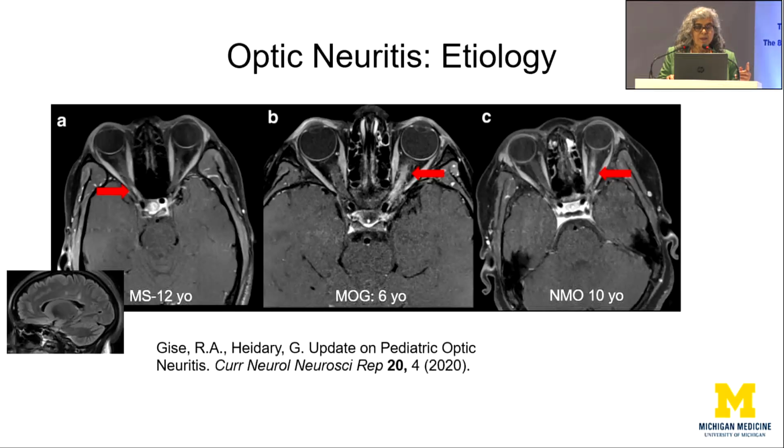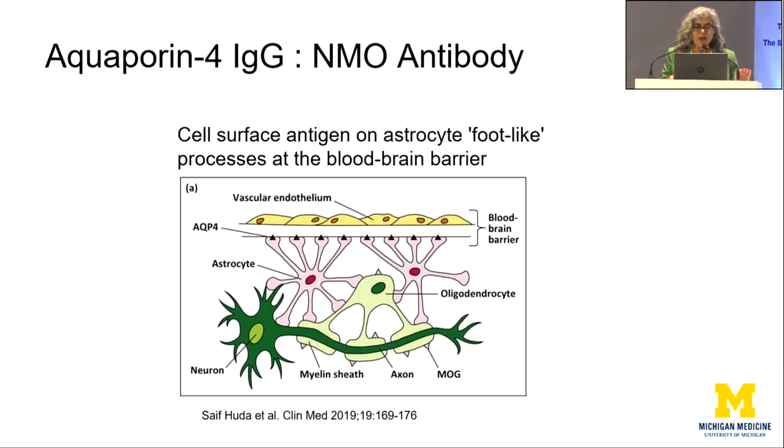You can compare the right and left optic nerves, and you'll see a short segment that is bright on this post-contrast image. In B is a longer segment on the left, where the optic nerve sheath is also inflamed, so it's shaggy. That's MOG disease. In neuromyelitis optica in panel C, there is no perineuritis, but it's a long segment. So just to be aware of how different things look.